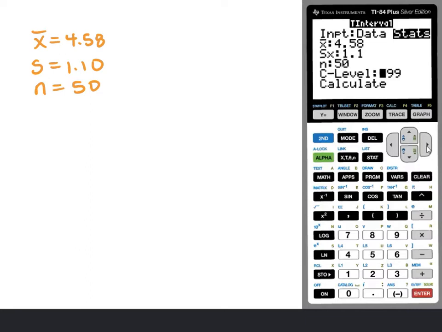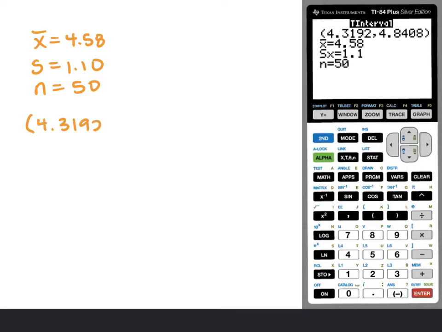We're going to be doing a 90% confidence interval. So we're going to make sure we change that to 0.90. When we press calculate, we'll get our interval. And so here we have 4.3192 to 4.8408. So there's our confidence interval for this problem.